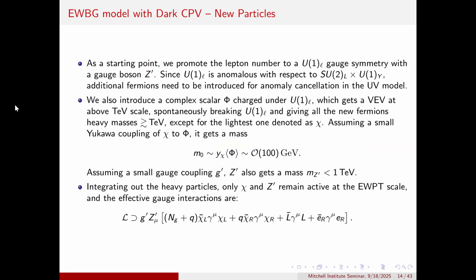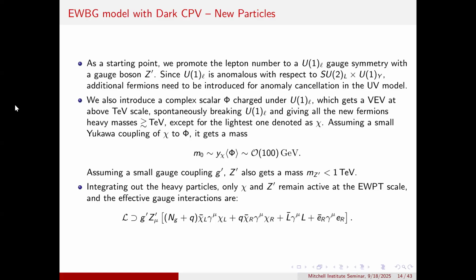Now let's get to the details of the model. As a starting point, we promote the lepton number to a gauge symmetry, U(1)_L, with a new gauge boson Z prime. Because this U(1)_L is anomalous with respect to the standard model gauge symmetry, additional fermions have to be introduced for anomaly cancellation in the UV.